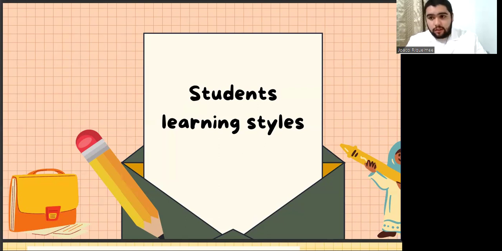To understand learning styles, it refers to the various ways in which individuals prefer to learn and process information. While there are different models of learning styles, a commonly cited one is the visual learner, who learns through images, diagrams, and spatial representations.